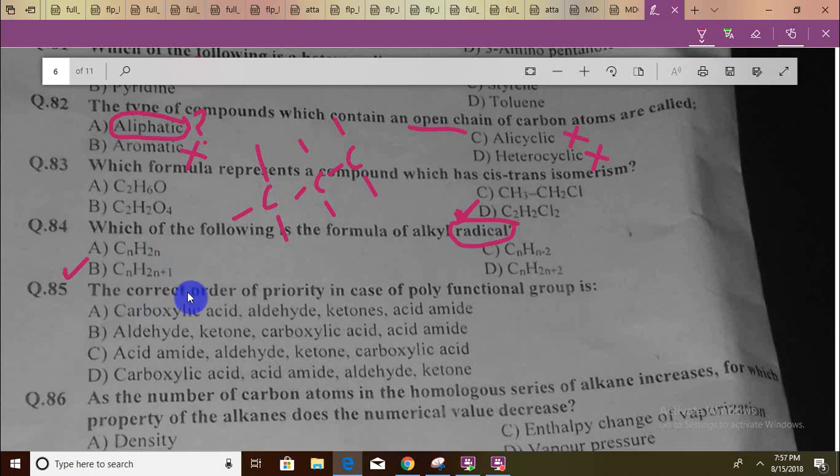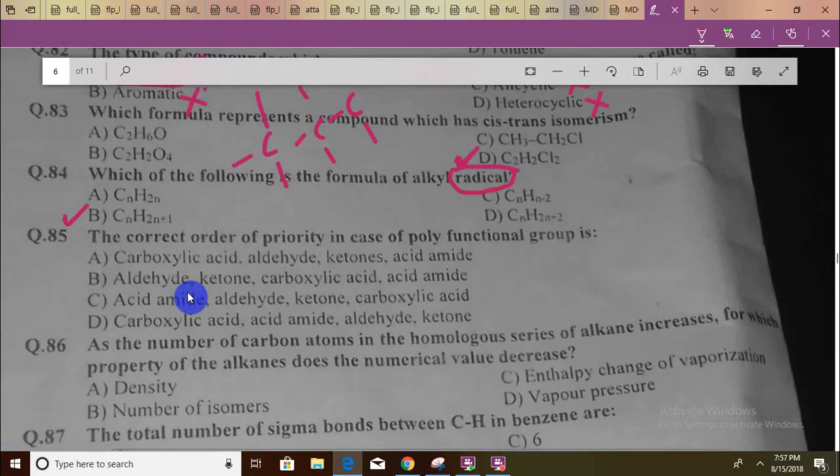So the correct order of priority in case of polyfunctional group is, and polyfunctional means it should contain more than one. So carboxylic acid followed by aldehyde followed by ketone followed by acid amide. Probably aldehyde, ketone, this is wrong.